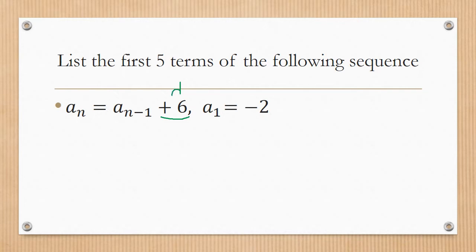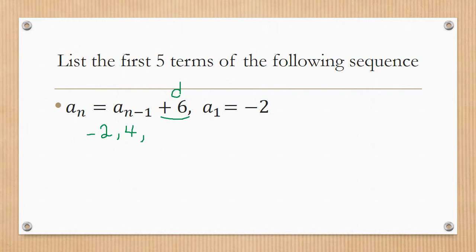To be able to start the sequence, we need the first term, and it's given in this example. So the first term is -2. That means all I need to do to get to the next term is to add the common difference, which is 6. This means that the next term is 4.